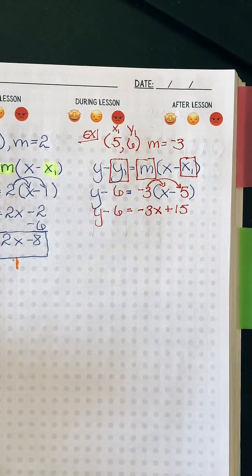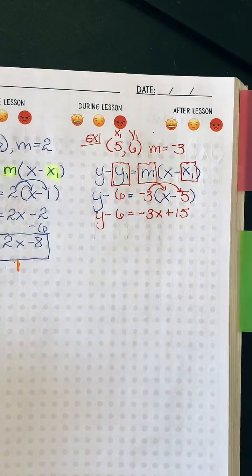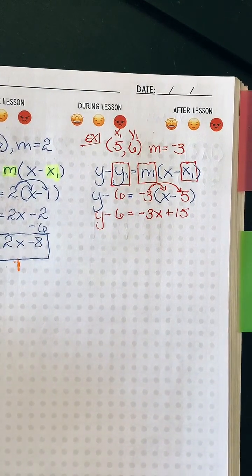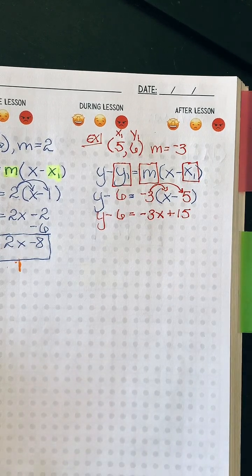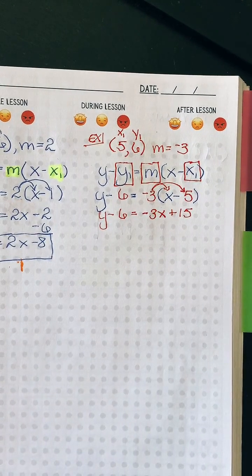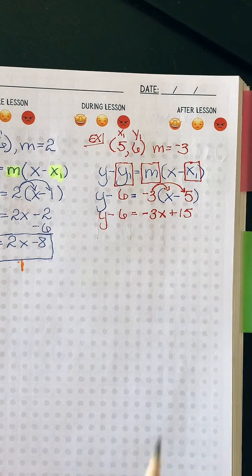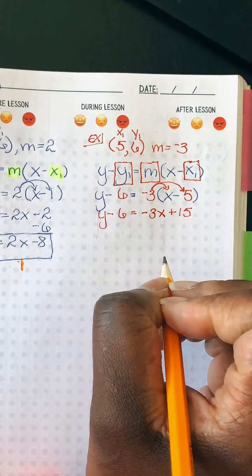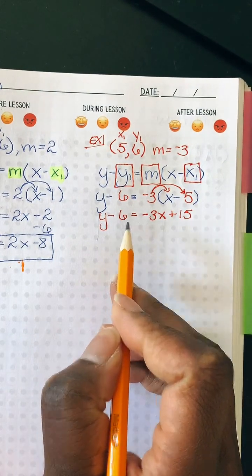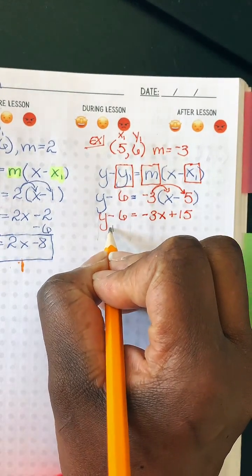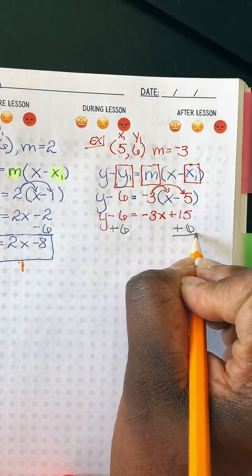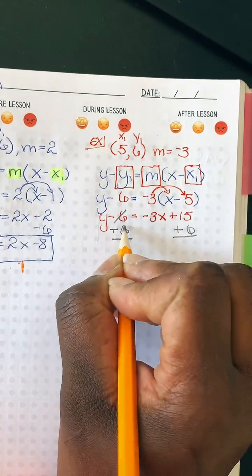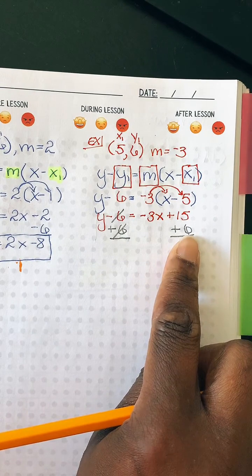All right, so now we're almost done. What do we need to do next? Okay, good. Plus 6 on both sides. Get rid of the minus 6, good. And by us doing that, we're going to add our 6. Now, we're not adding our 6 to everything. We're just adding it to its like term, which is the 15.